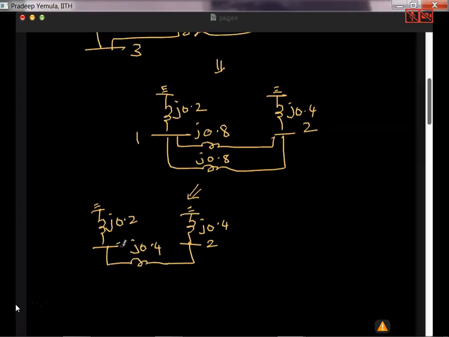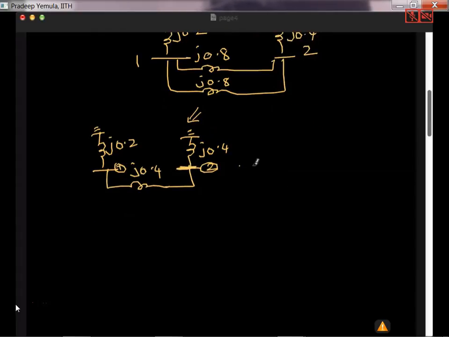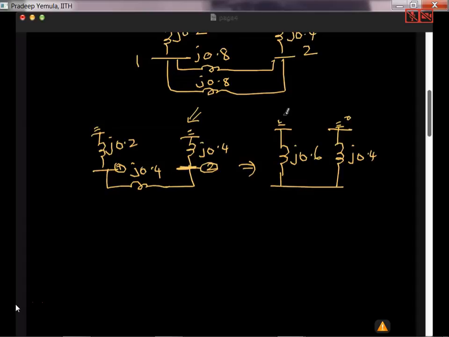This is bus 2, this is bus 1. Now at this point I want impedance. These two will become series. So finally I'll get J0.6 in parallel with J0.4, I'm sorry. This is the ground, this is also the ground. This is bus 2. What is the Z22?